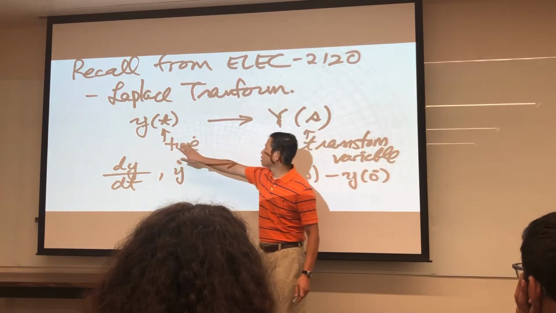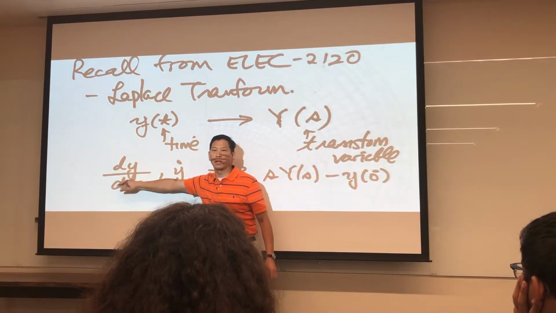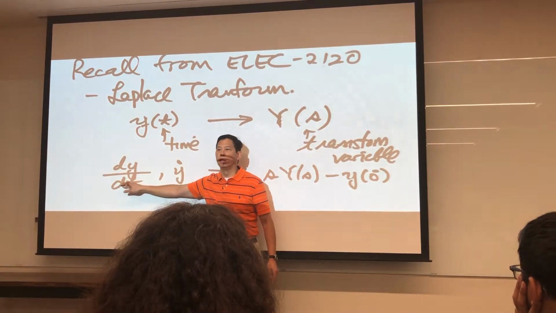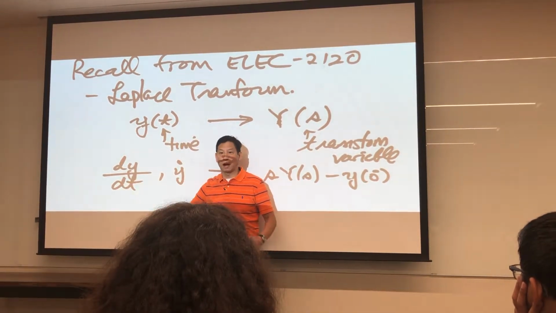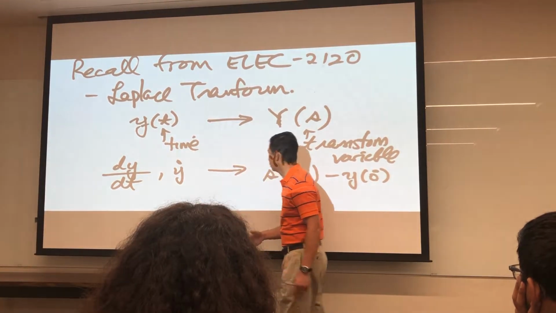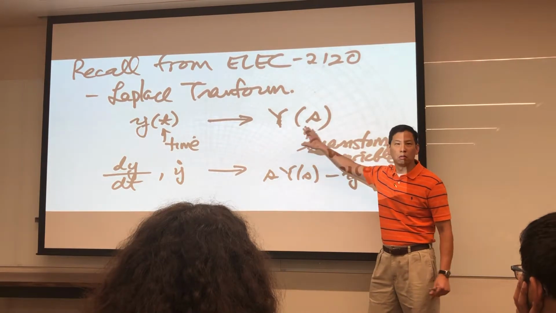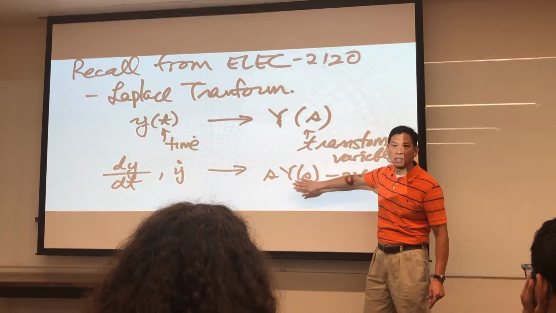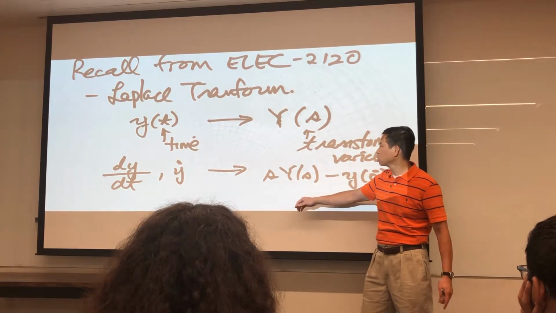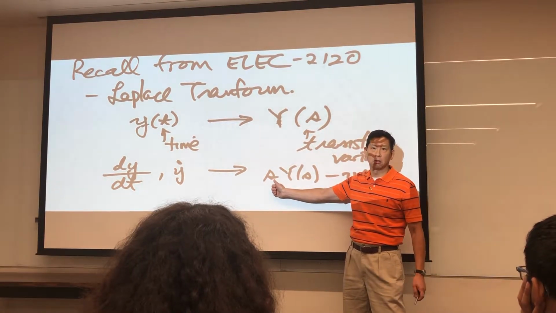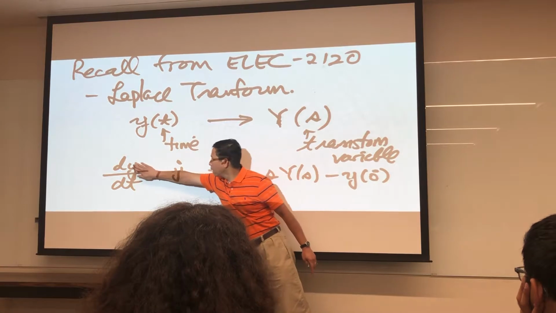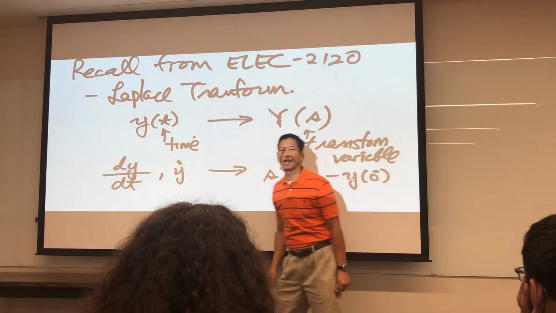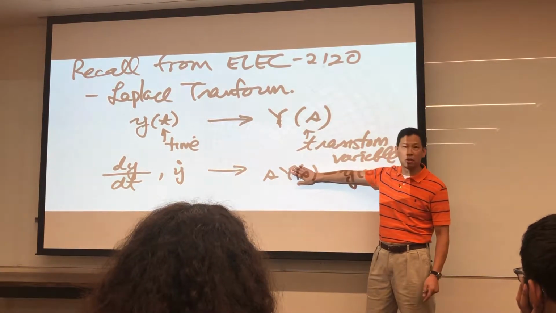Here I say I have a piece of information and I put this operator, d by dt, in front of it. Well, the symbol d by dt means differentiation. That's a calculus operation. But when we go to the other world, if this is a piece of information and this is its derivative, I represent that simply by multiplying by s. So think about d by dt in time suddenly becoming just multiplying by s.